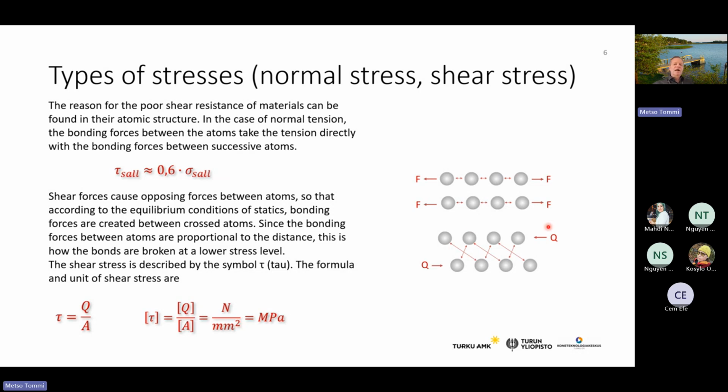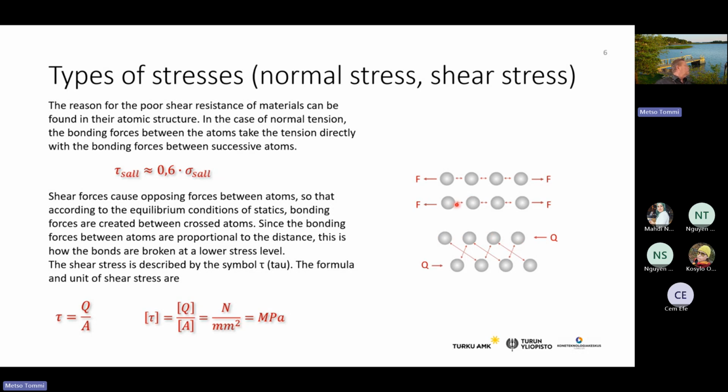And when you have a shear force, the atom forces have to hold so that these atom dislocations don't keep moving, and this is a longer distance to hold atoms together, so that's why the force is not so big when there is shear stress.